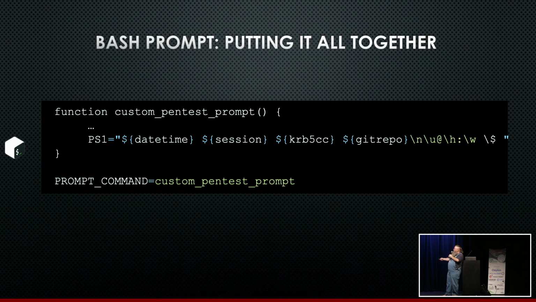The new line, the user at the host, and the working directory. That is just whether it's a $ or a hash prompt. And then down here for that prompt command that comes back here. Prompt command is important in that it runs before the prompt is displayed, and it helps you identify what the prompt is. Once that runs, it's going to display PS1.